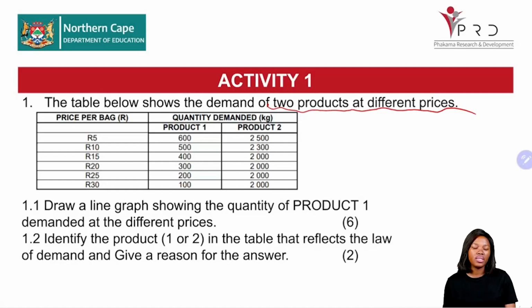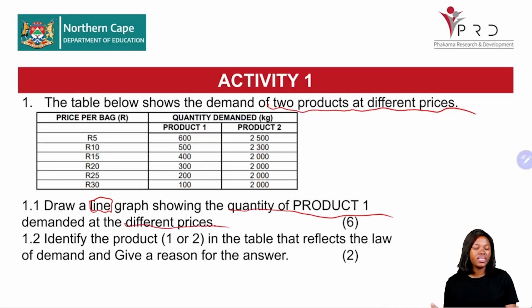Question 1.1 says, draw a line graph showing the quantity of product 1. The keyword here is the line. We are drawing a line graph, not a bar graph, not a histogram, but a line graph showing the quantity of product 1 demanded at the different prices.